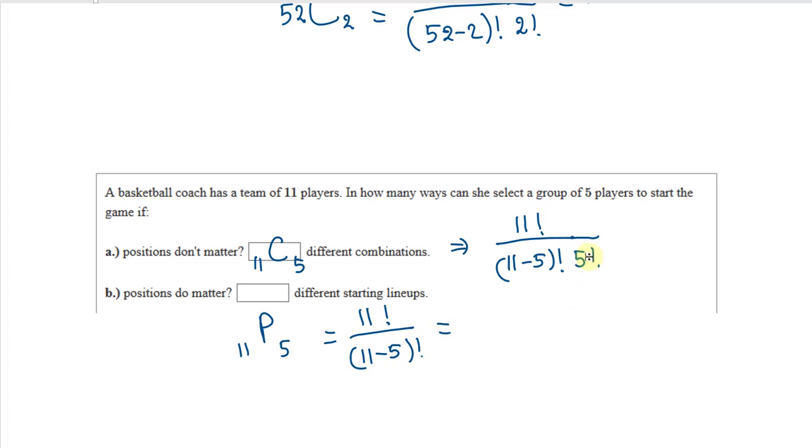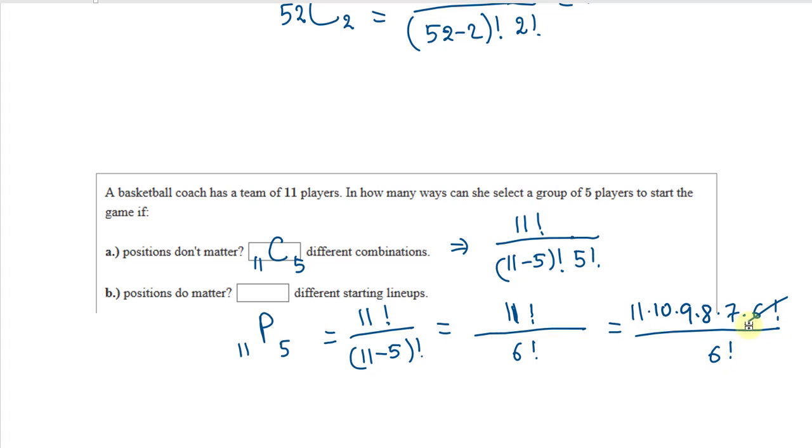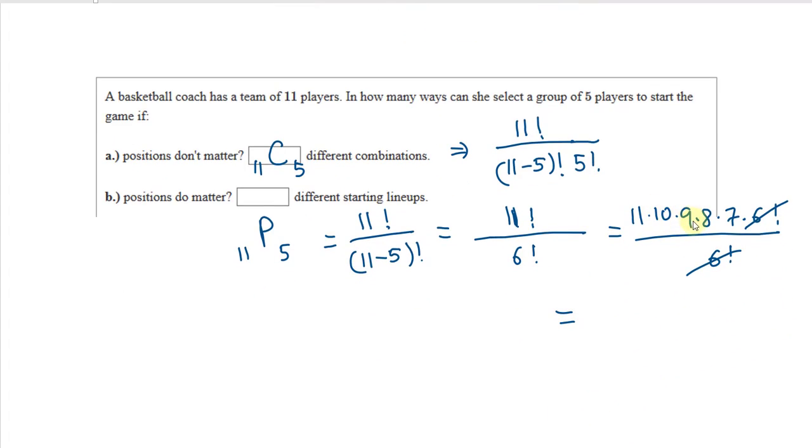We don't multiply the extra terms compared to the C formula. So 11 factorial divided by 11 minus 5, that is 6 factorial. 11 factorial means 11 times 10 times 9 times 8 times 7 times 6 factorial. I can stop there and cancel that. The answer should be 11 times 10 times 9 times 8 times 7, and you should be able to get to that answer.